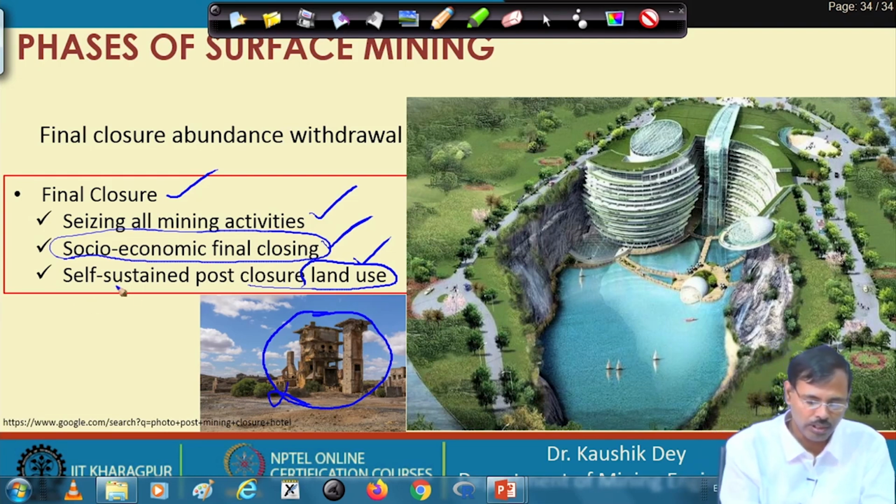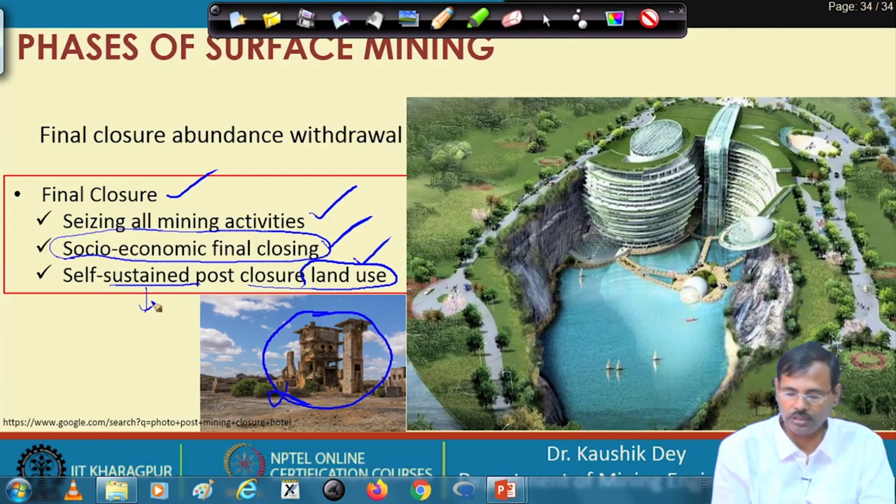So, I have already mentioned that sustainability means it is technically sustainable. Technically sustainable means if you are looking at this picture, this will not pose any danger, it will not fall down, it will not create any safety hazard. So, that is a technical closing. Environmental closing means it will not generate any pollutant, it is not generating any adverse effect on the local environment.